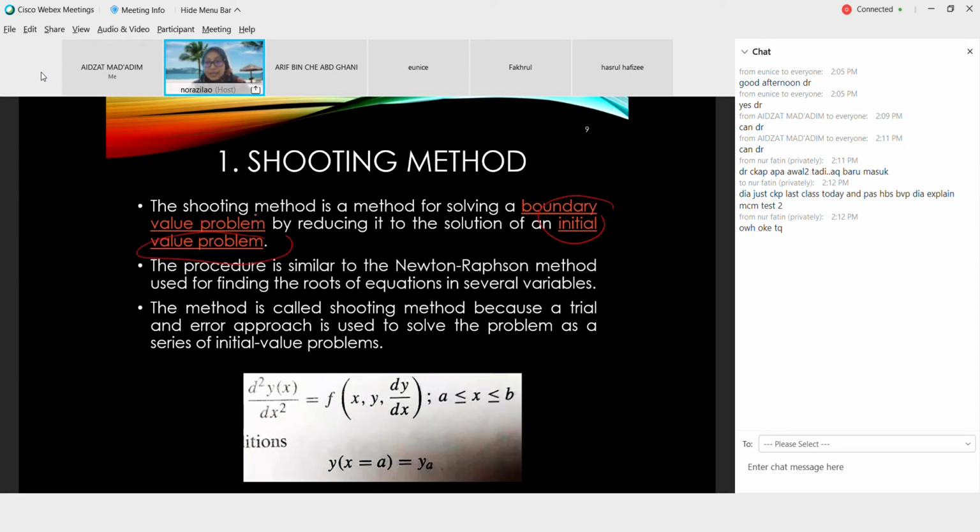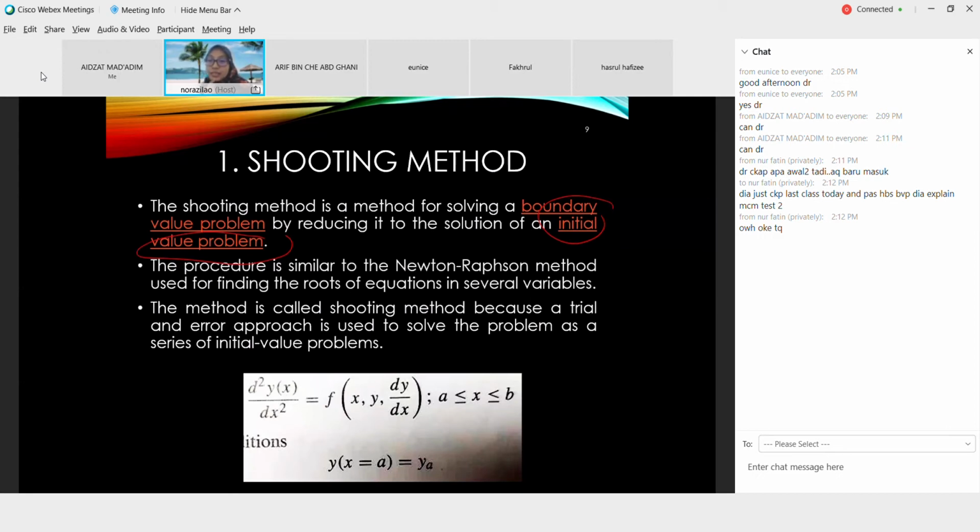It means that it becomes difficult, because when you reduce to the initial value problem, you need to use IVP methods, no longer BVP. You start with BVP and then reduce the power of the equation to become an initial value problem. When your equation is an initial value problem, you need to solve it using initial value problem methods.